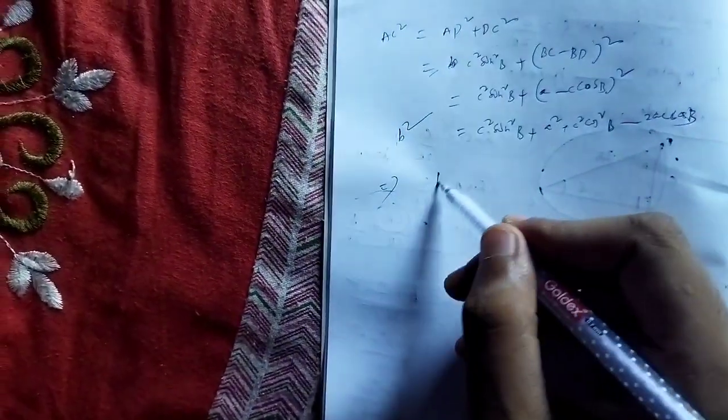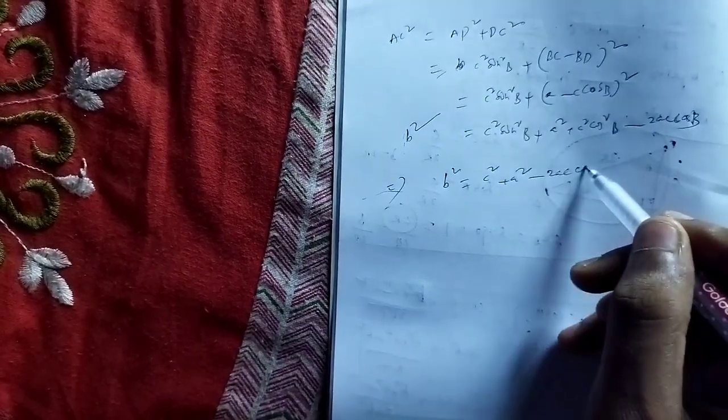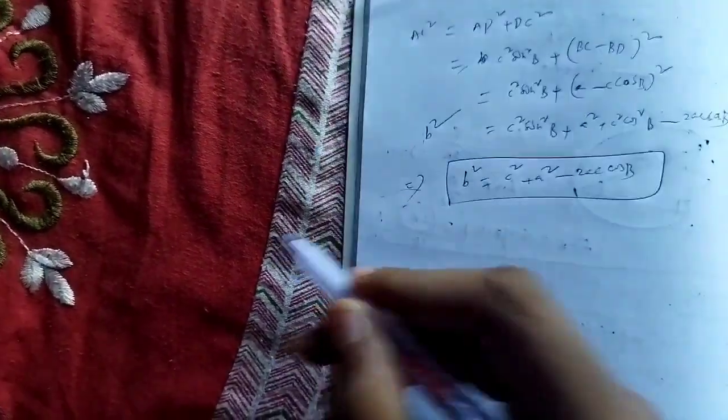So b square equal to c square plus a square minus 2ac cos B. Similarly, we can prove the other two, right?